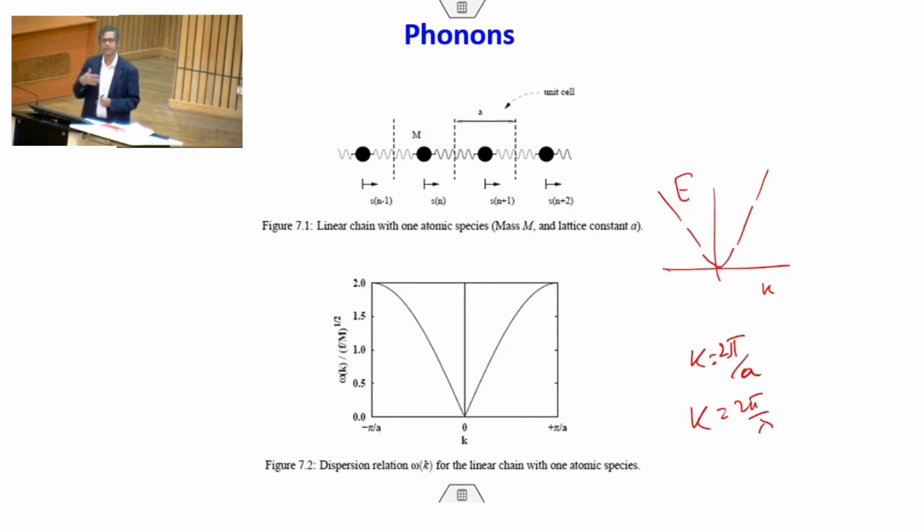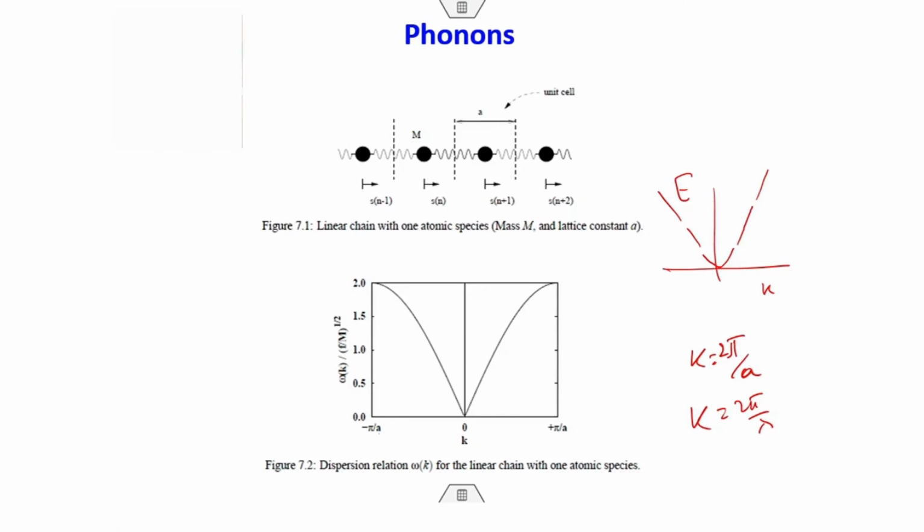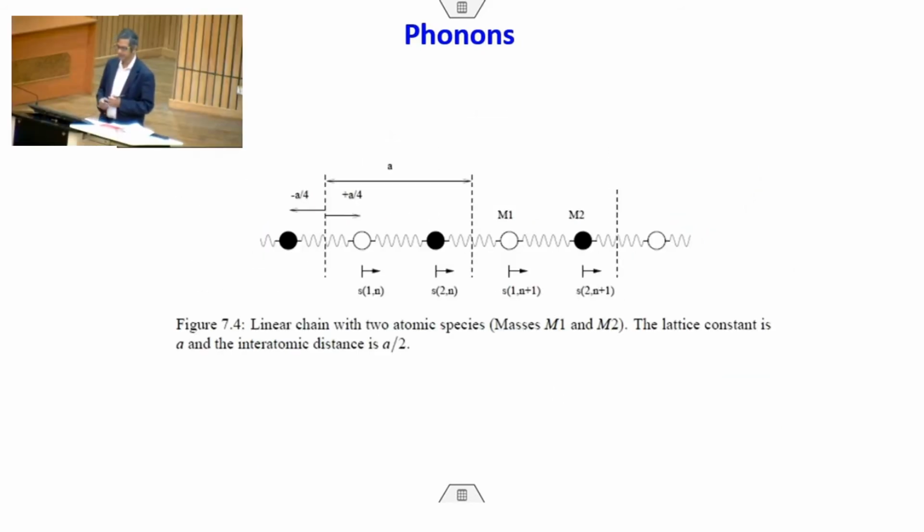Now, one can do this quantum mechanically also by using Hamiltonian concepts, which I am not doing because you may not need it for your purpose. Fine, one can actually think of this chain consisting of two sets of atoms with different masses, M1 and M2, and do a similar equation.